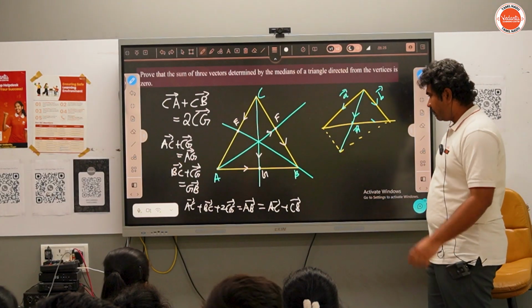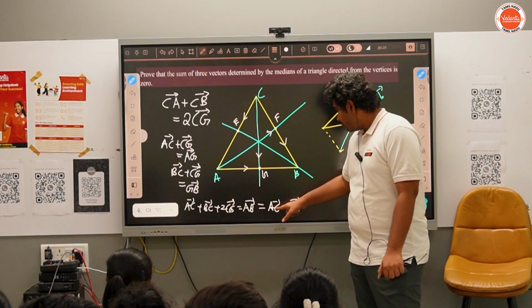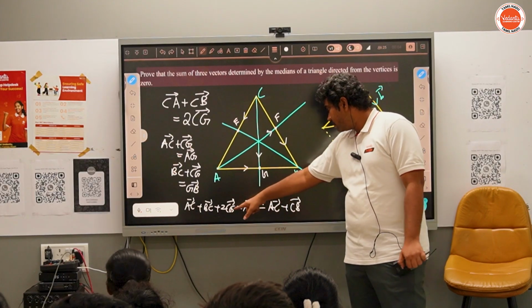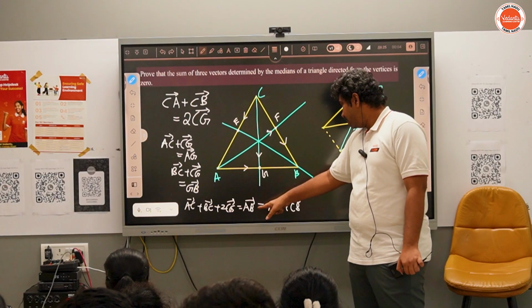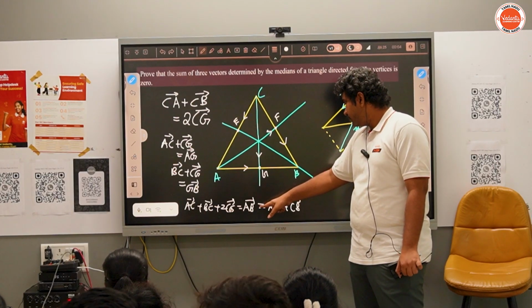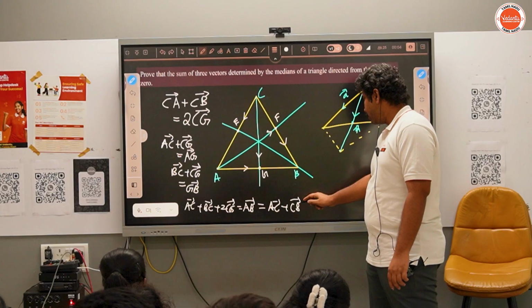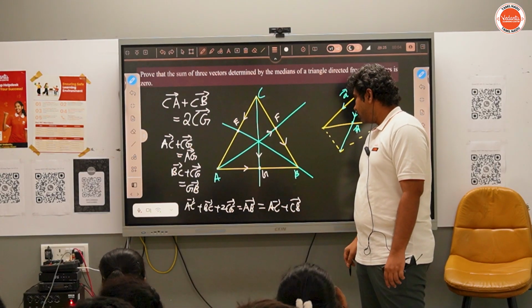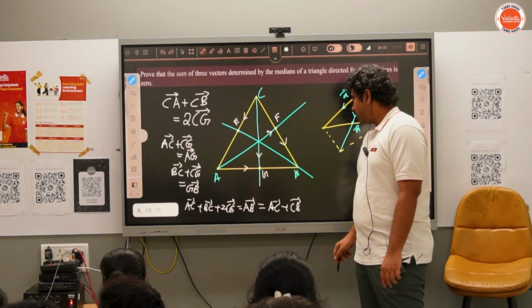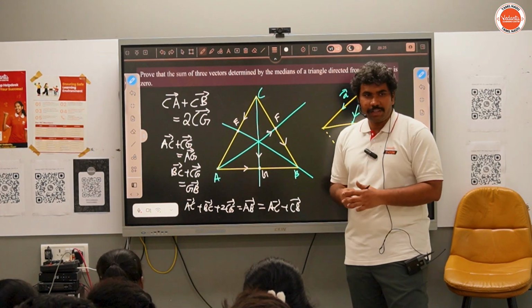I think we are just coming to the same point, right? So you can write 2 CG vector as AB vector. No, we're not getting anywhere, right?